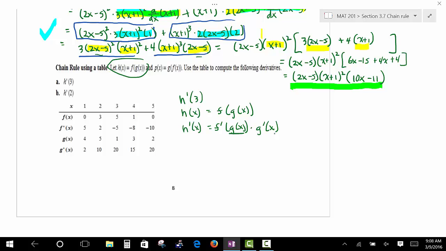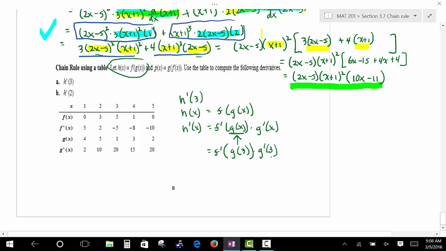But that's what we've been doing over and over again: derivative, multiplying by the derivative of what's inside usually. Okay, so what you do on this problem is they gave you enough information in this table to figure this out. We're doing really 3, so let's go ahead and write this as f prime of g of 3 times g prime of 3.